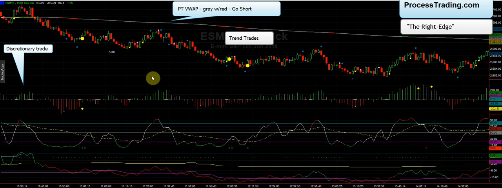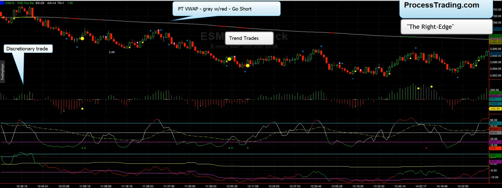But furthermore, after we've got in right at this point here where it's hit, we see that the energy has turned weak because of the gray bars, and then also negative because of the red bars. The momentum has crossed the upper bound, is going down, has crossed through the sentiment oscillator, and the sentiment oscillator itself has crossed through the midline and is sloping down. And the short-term trend oscillator hit the pullback line and indeed is pulling back.